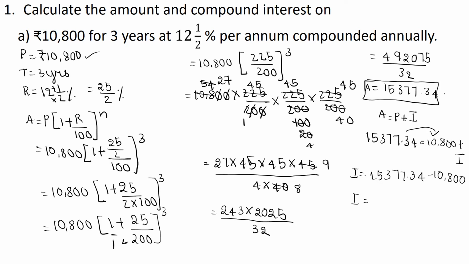Interest is equal to 4577.34. So this will be the interest, that is compound interest, and this will be the amount.